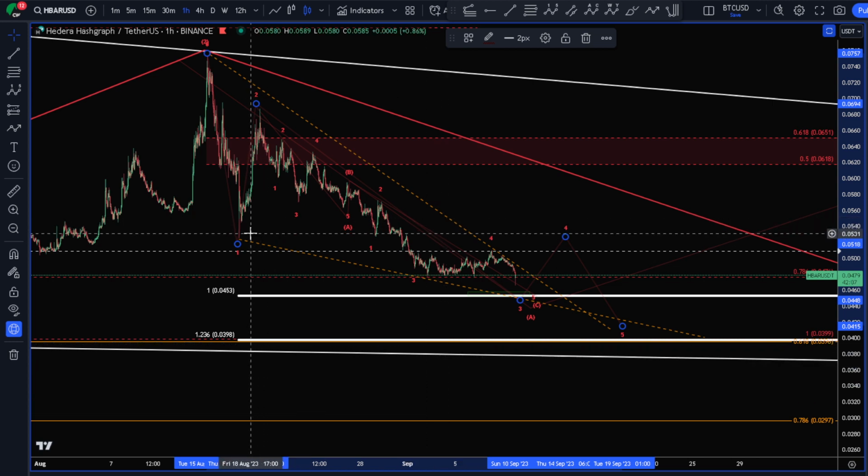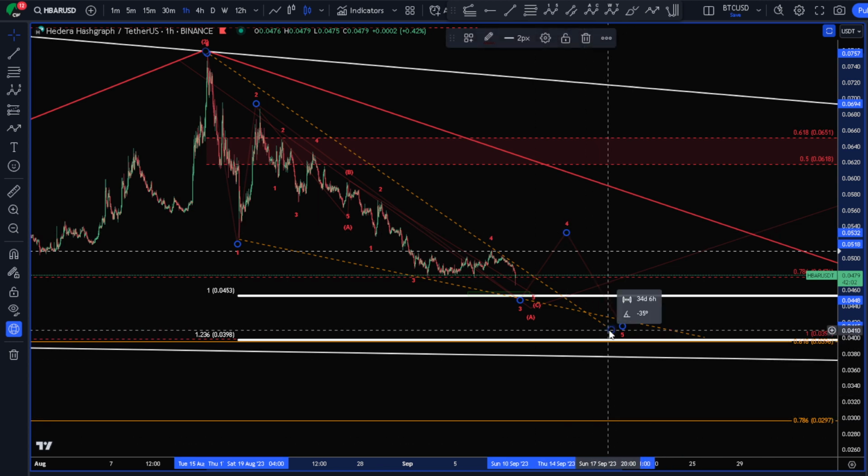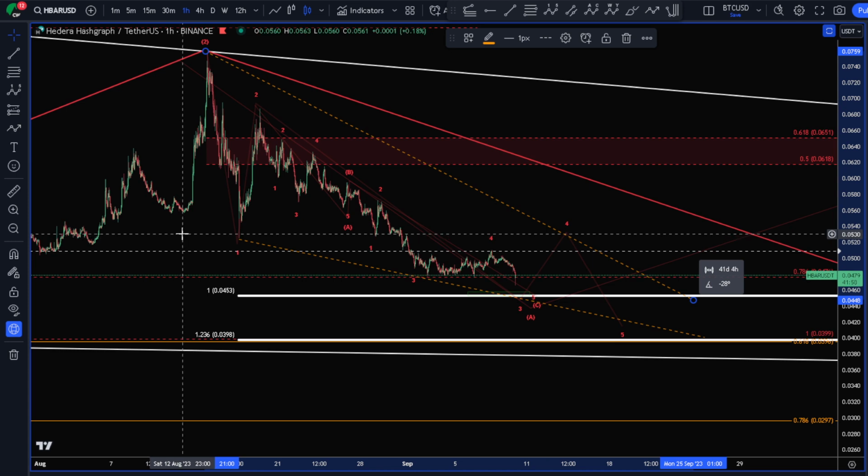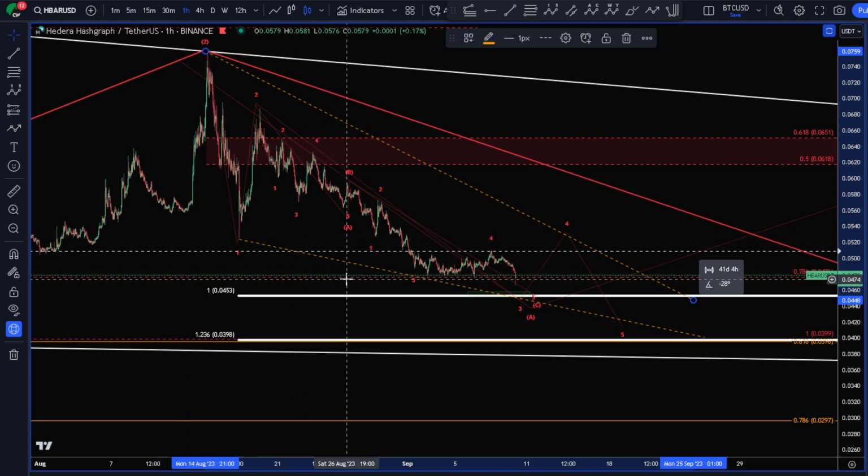So we usually want to overlap the wave 1 for our fourth, right? Like this. So something like that. It's very ugly though, guys.